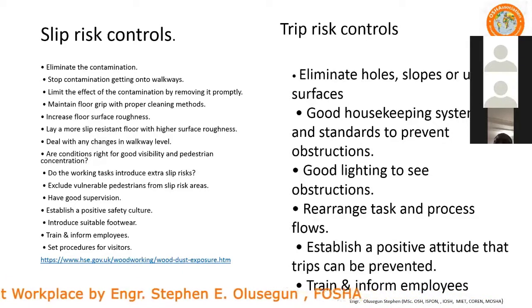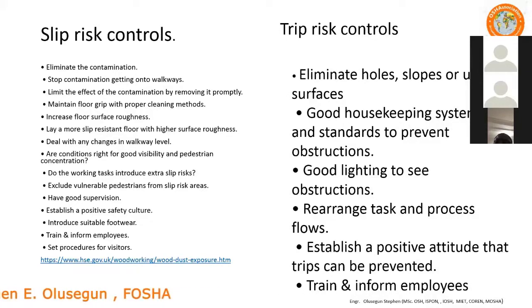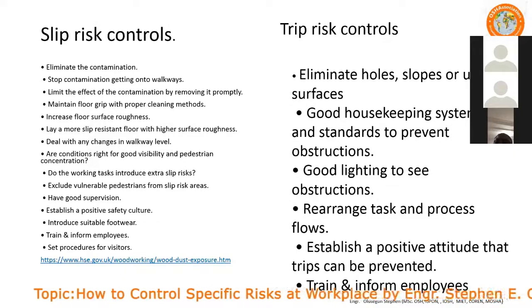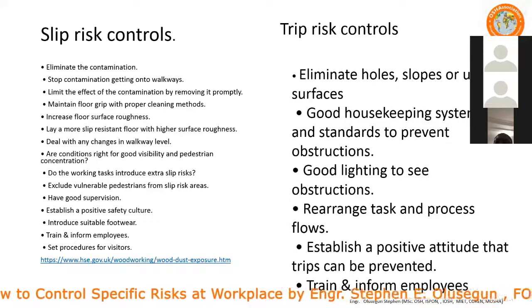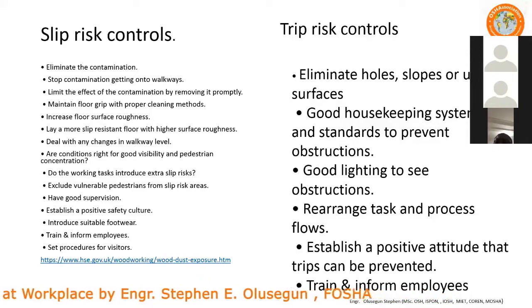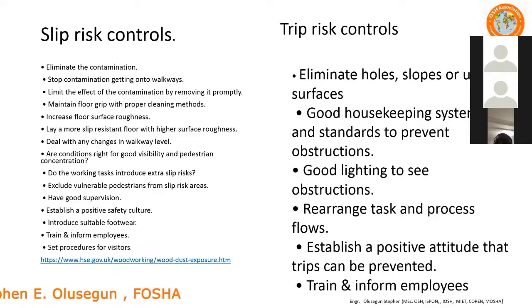The slip controls, which I've mentioned some of them: eliminate the contamination, stop contamination getting onto walkways, limit the effect of contamination by removing it properly, maintain floor grip with proper cleaning methods, increase floor surface roughness, lay a more slip resistant floor with high surface roughness, just as the sample I've shown to you, deal with any changes in the walkway, like slopes and the rest of them. Get conditions right for good visibility and pedestrian concentration.